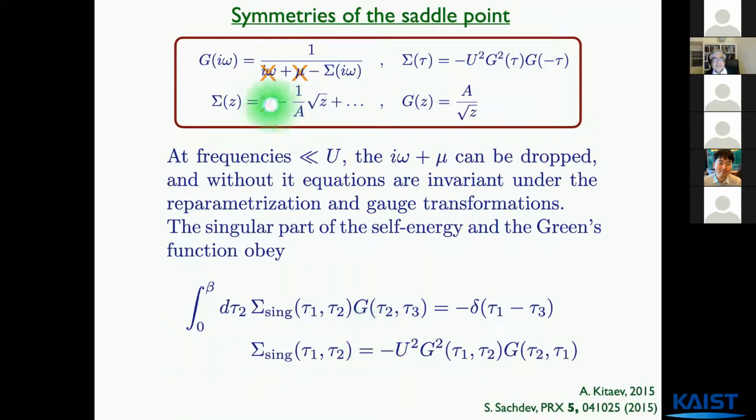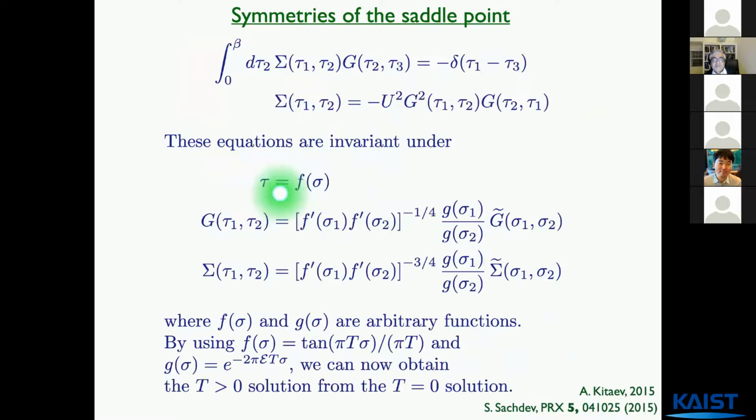It only has that when you ignore these terms, and these terms have become important in the UV, but they're not important in the IR. So it's not really like a ferromagnet with full rotational symmetry. It's like a ferromagnet which has some higher gradient terms that break the rotational symmetry. So sometimes these terms are called dangerously irrelevant in condensed matter.